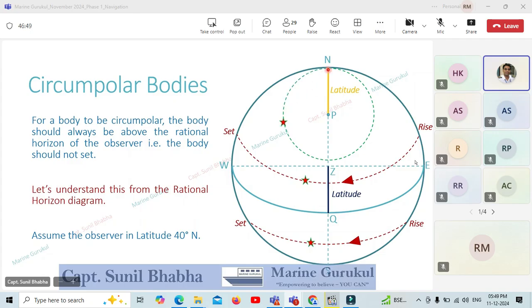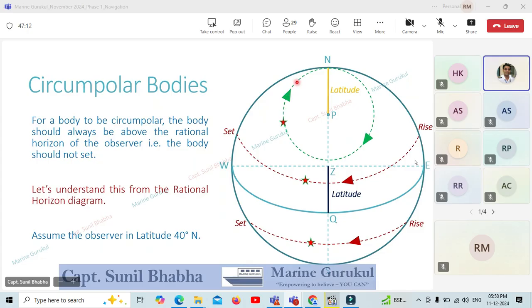Now in this case, the declination circle is going to be like this. All the declination circles are centered at the pole. So centered at the pole, with polar distance equal to PX, between the pole and the body, if you draw a circle, that gives you the declination circle of this particular star.